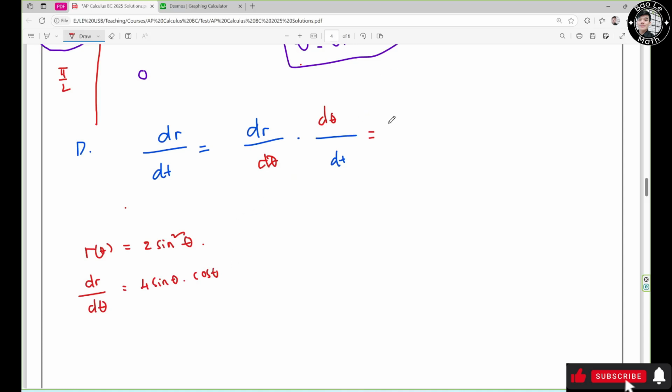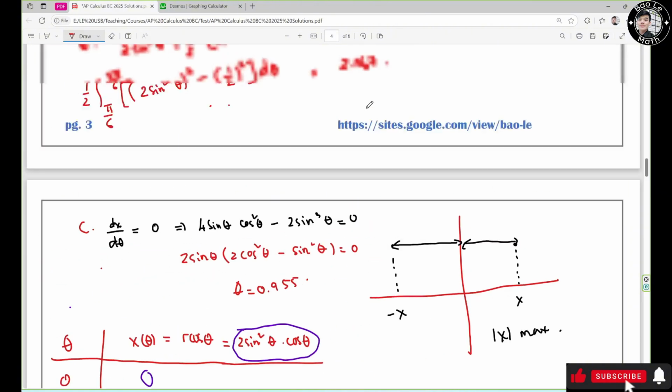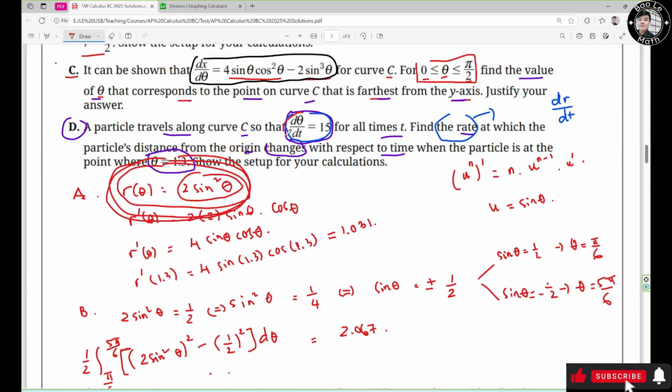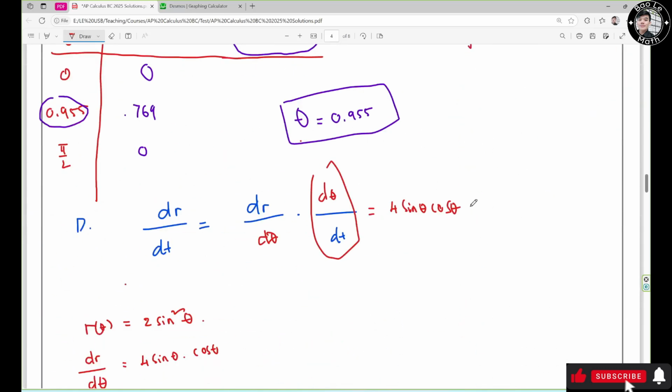So I just substitute over here. It's going to be 4 sine theta times cosine theta. Now d theta over dt is given right here, 15, so I'm going to multiply by 15.